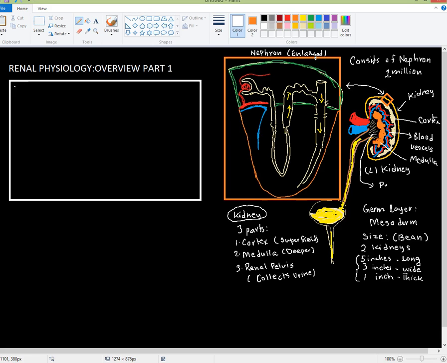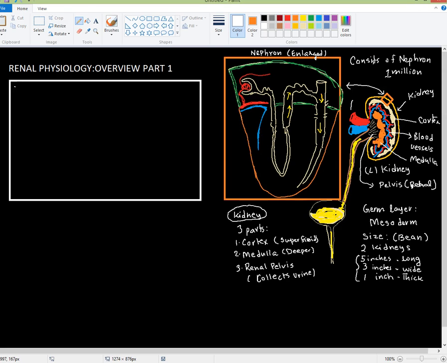That's the renal pelvis, not the actual pelvis. Renal means kidney, so that's why it's called the pelvis of the kidney.